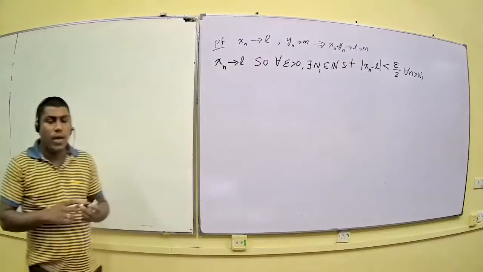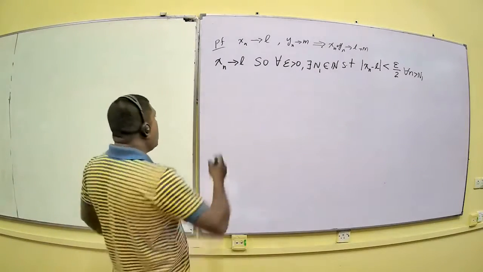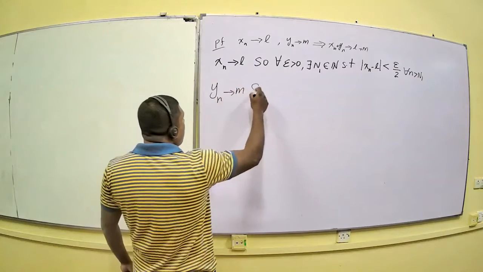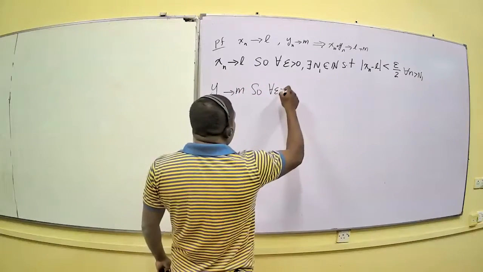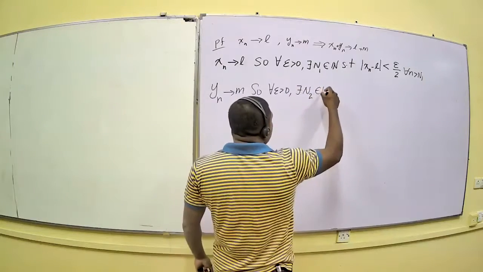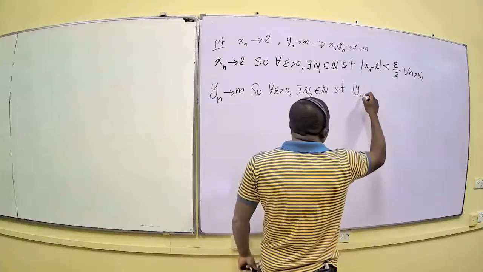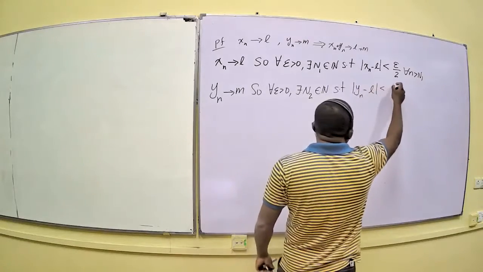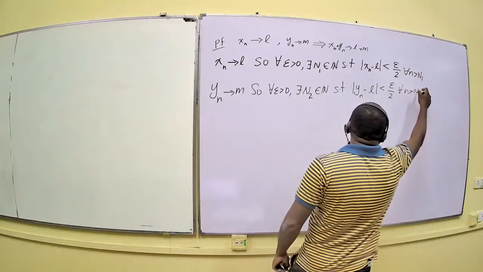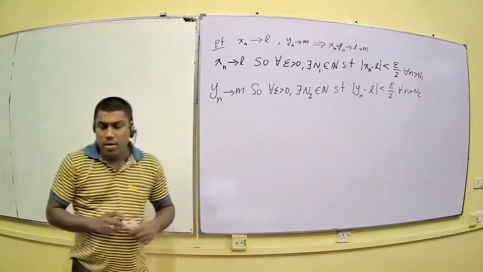So that is the definition of xn converges to L. And then yn converges to M. So again, for every epsilon positive, there exists some n2 belongs to natural number such that |yn minus M| is less than epsilon over 2 for all n bigger than n2.